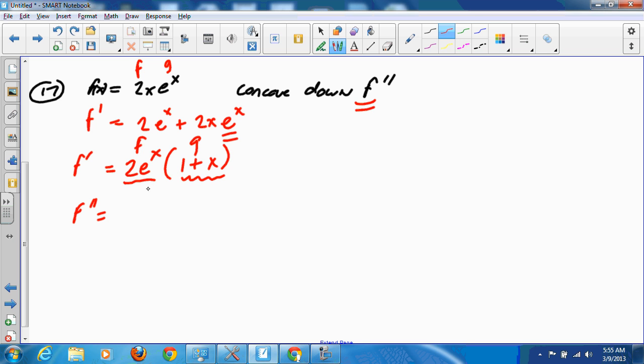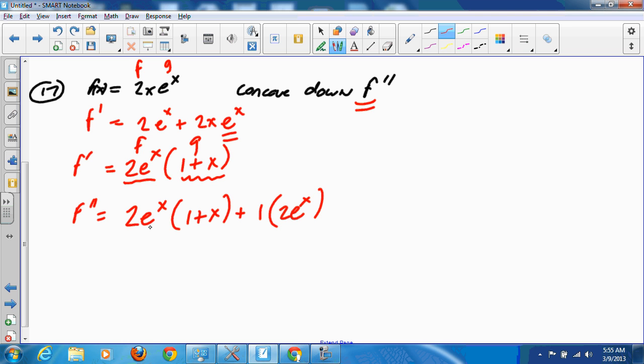So the derivative of 2 e to the x is 2 e to the x. Don't touch the function g. So we have 1 plus x. And then we're going to take the derivative of 1 plus x, which is just 1. And then, of course, 2 e to the x.